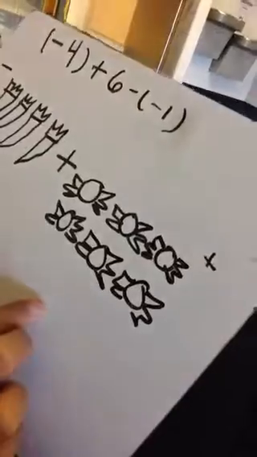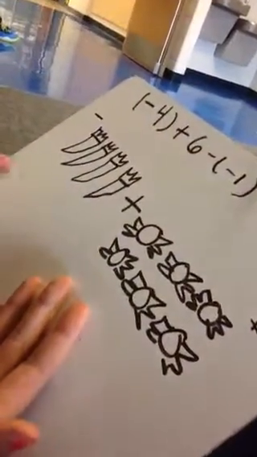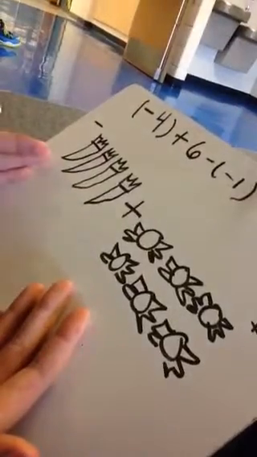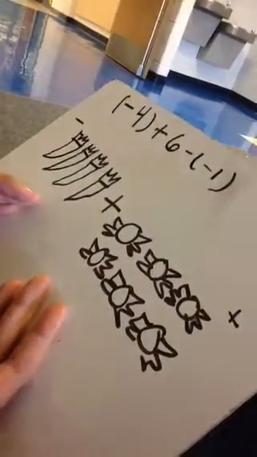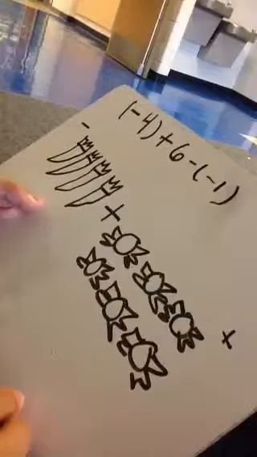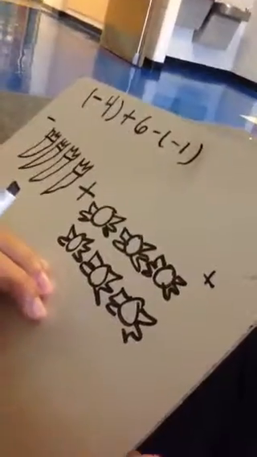So basically, whatever the bigger number is always defeats the smaller number. There are only 4 negatives and there are 6 positives.